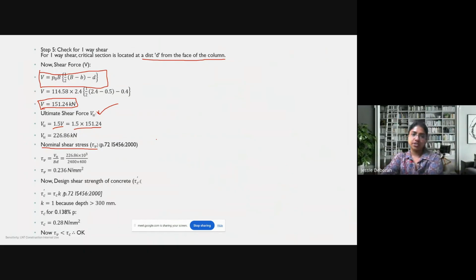Nominal shear stress is your normal shear force acting at that location. So tau v is equal to Vu by bd. When you calculate this, you get 0.236 Newton per mm square.